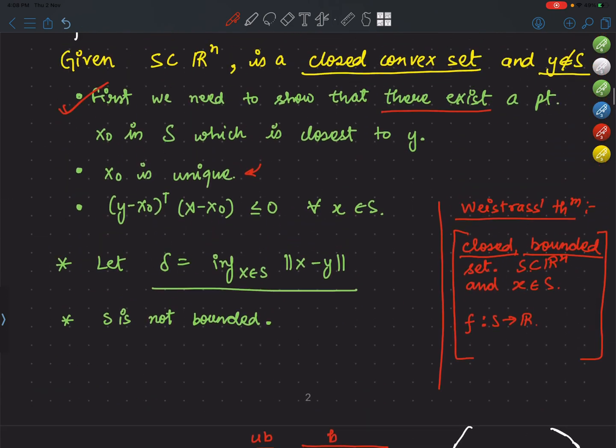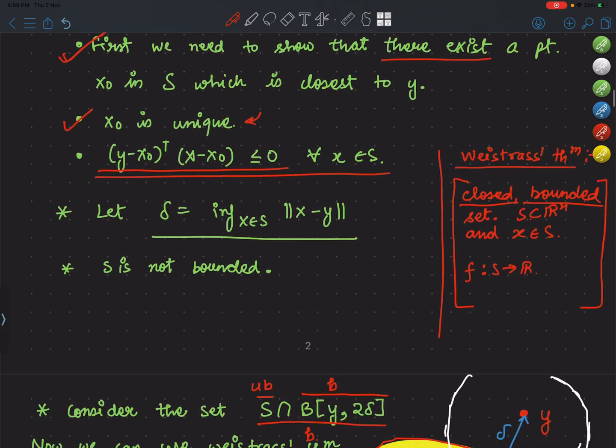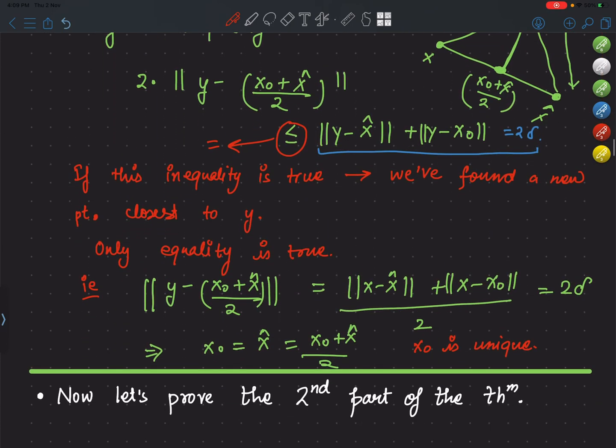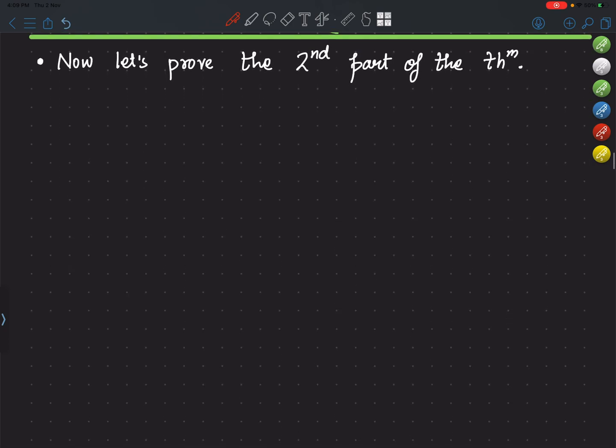So basically 2 points are done. First we proved the existence, then uniqueness. Now we have to prove the condition that x₀ is that point if and only if this condition is true. So now let's prove the second part of the theorem.